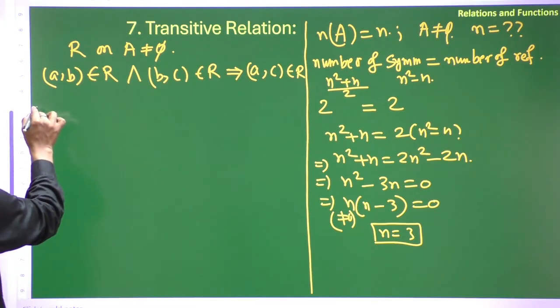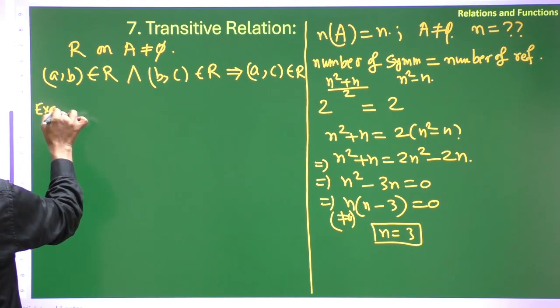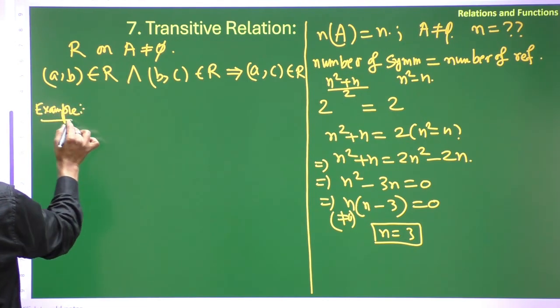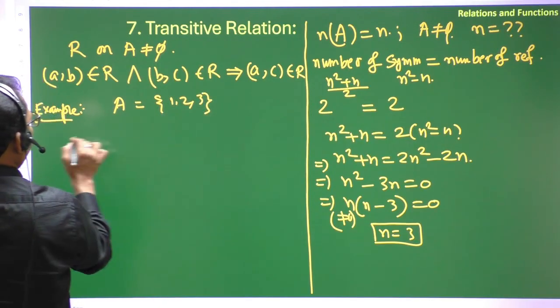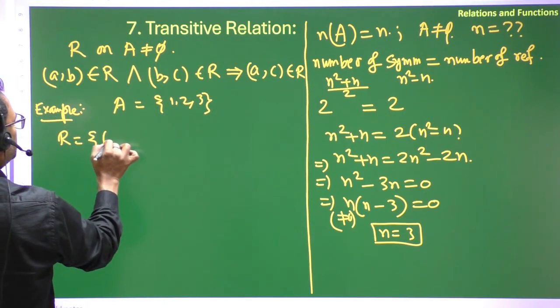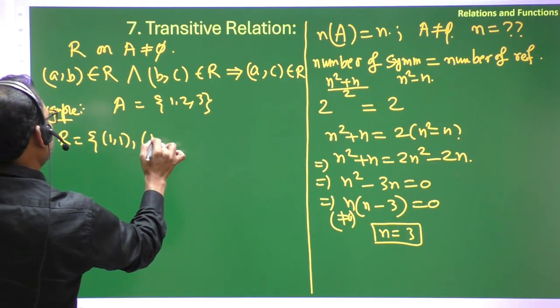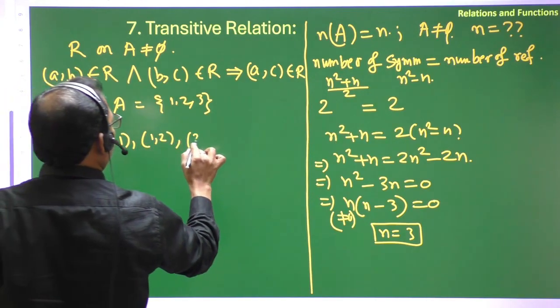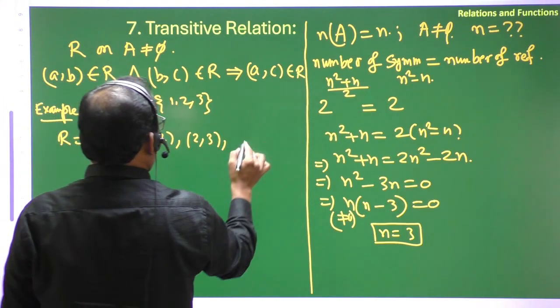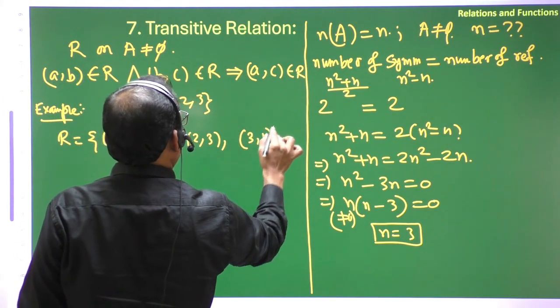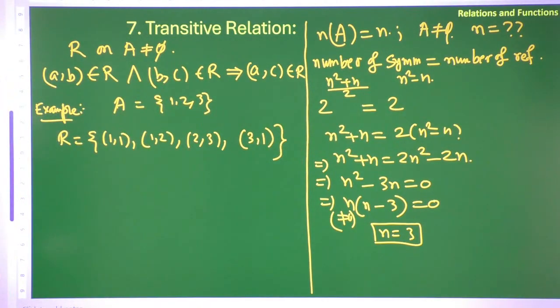So now take one example. Suppose I have a set A which contains 1, 2, 3. I am defining a relation R which contains (1,1), (1,2), then (2,3), and then (3,1). Now the question is, is it transitive?